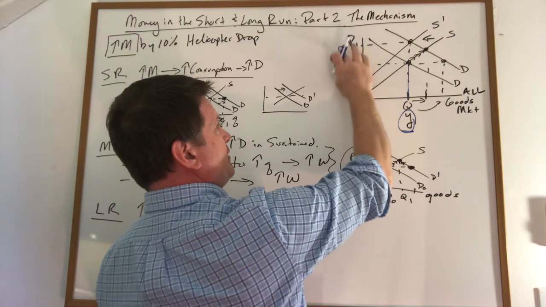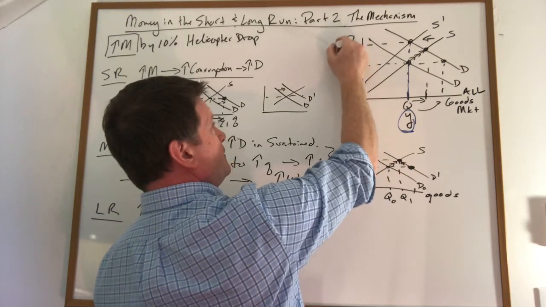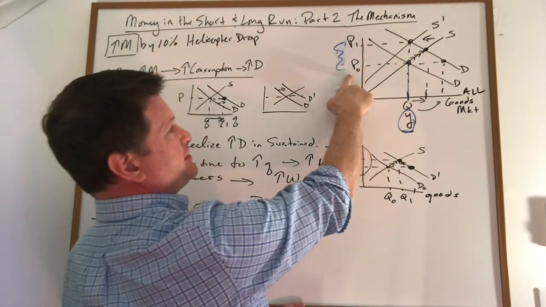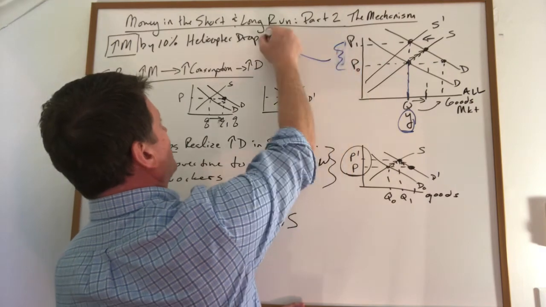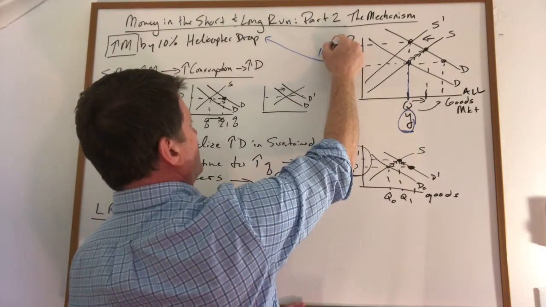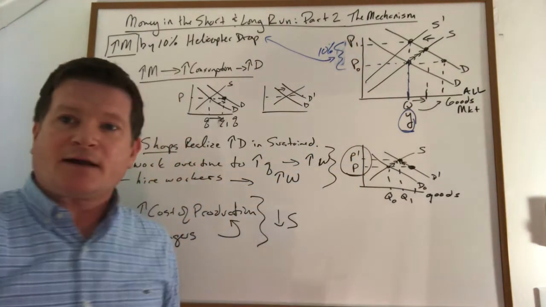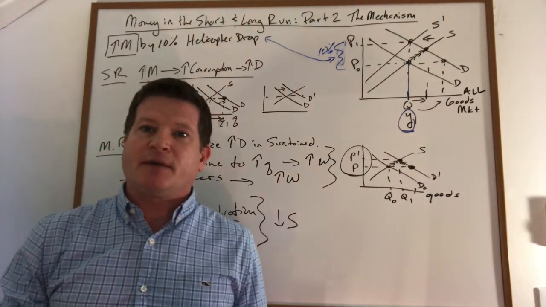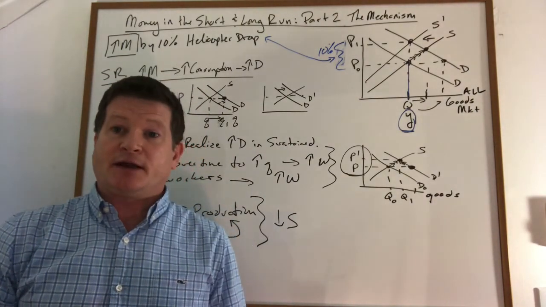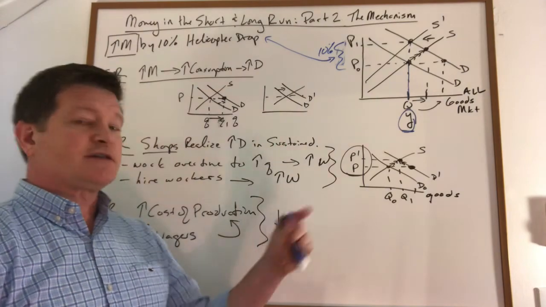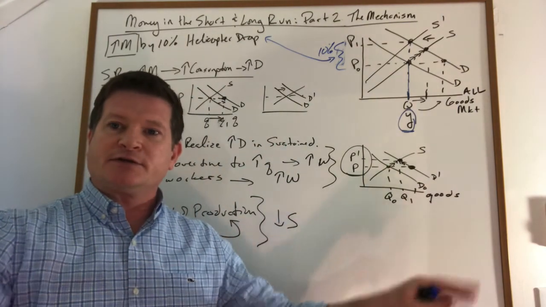And it turns out, in the end, this increase in the prices will be exactly 10%, the same as the money that was increased at the beginning. So this is the process through which the money works its way through the system.